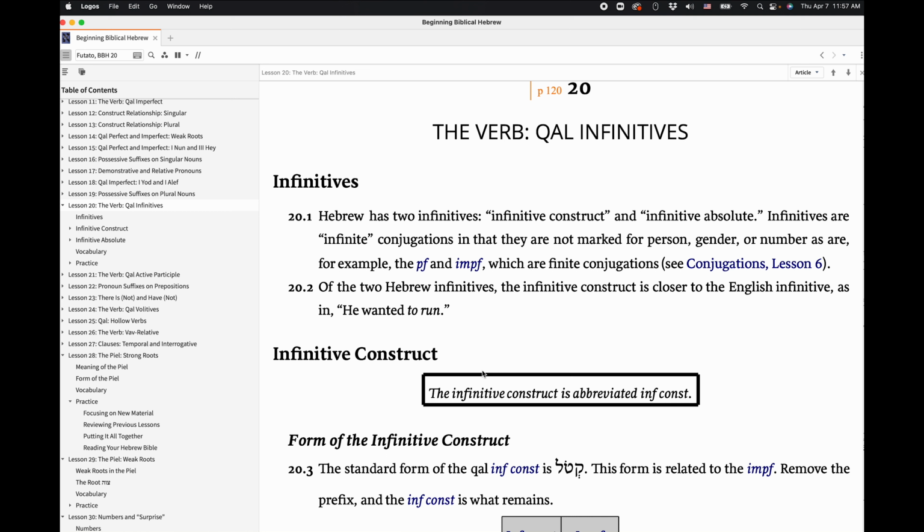It can't have any prepositions attached to the front, or any suffixes attached to the end. I hesitate to say it can't have prefixes, because technically when we get into the hifil and the nifal, the infinitive absolute is going to have a type of prefix, but that prefix is part of the stem or the pattern. It's not a separate word attached to it. So the only form that can have other words attached to it is the infinitive construct. So that's the first thing to be aware of.